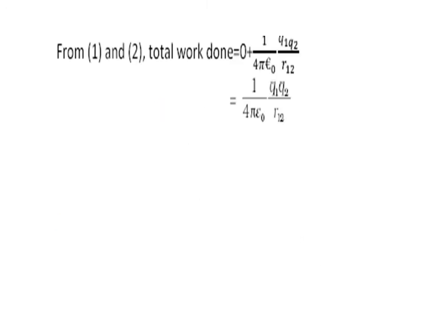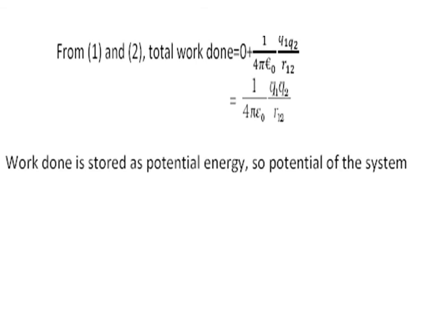Now let us sum up the work done from equation 1 and work done from equation 2. So the total work done is equal to 0 plus 1 by 4 pi epsilon 0 q1 q2 by r12. That is equal to 1 by 4 pi epsilon 0 q1 q2 by r12. Work done gets stored as potential energy.